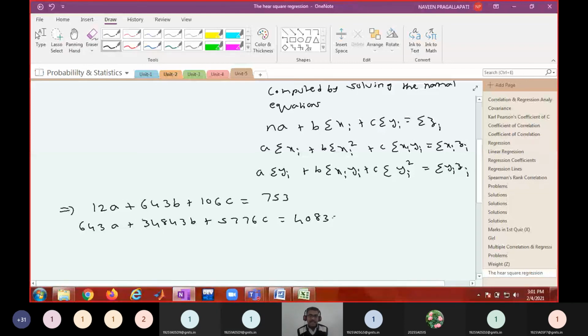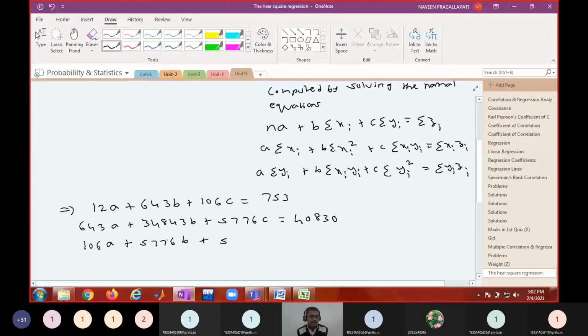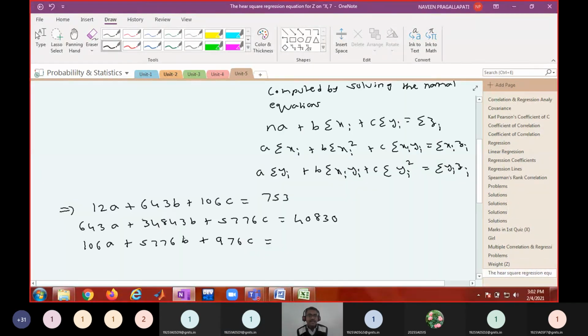Next equation, sigma yi is 106. 106a plus sigma xi yi 5776b plus sigma yi square 976c equal to sigma yi zi, 6796.